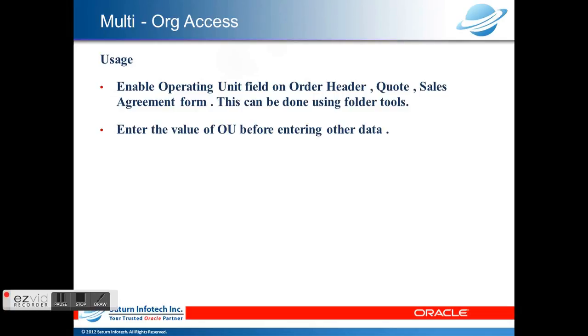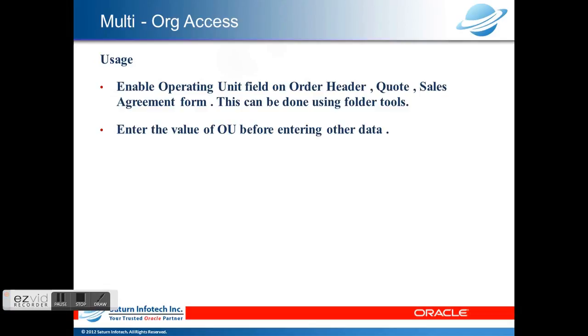Okay, now let's see how we are going to use this on actual forms. We can add the operating unit field to various forms like the order header form, quote, and sales agreement form. We can achieve this by using the folder tool. The folder tool has a drag and drop feature by which we can drag and drop hidden fields on the form and have whatever fields we want on the form.